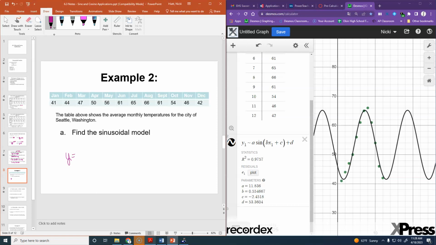So our model is going to be 11.836 sine of 0.555 x minus 2.452. I'm just rounding to 3 places to make it quicker, right? Plus 53.360.